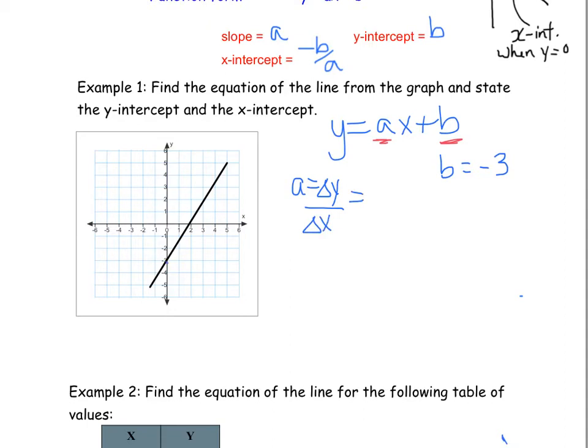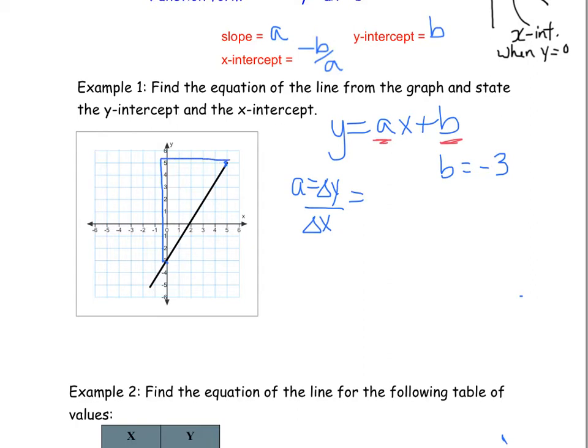So I start at one point. I'll pick a point where we can see it exactly on the graph, so it has to be a corner point. Say this one and, well, let's see, maybe this one. To get from my starting point, I'm going up and then over.